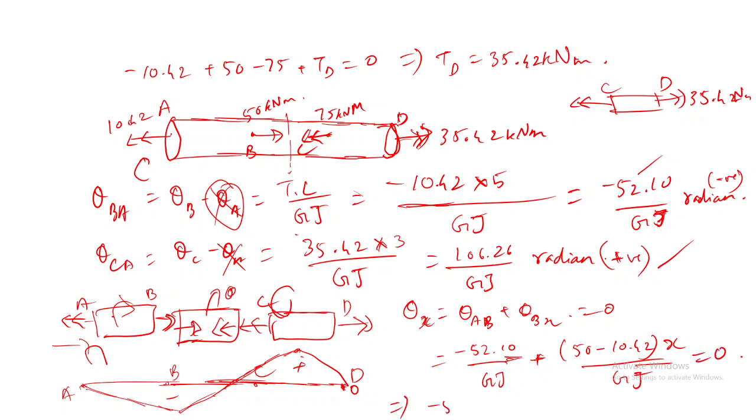So if I write this, GJ will get cancelled: minus 52.10 plus 50 minus 10.42 times x equals 0. From this I will get the answer for x. So what is the answer for x? 1.25. Is it not 1.31?